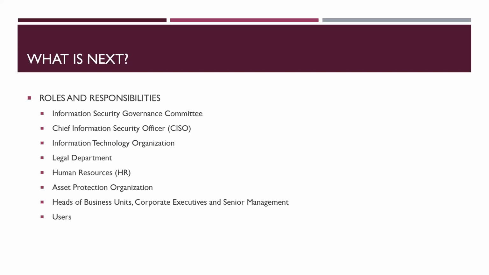The next is the information technology organization. Their main role is designing, acquisition, and implementation of corporate IT systems in compliance with the approved IT security policies and standards, and operation and support of IT systems in compliance with approved information security policies.